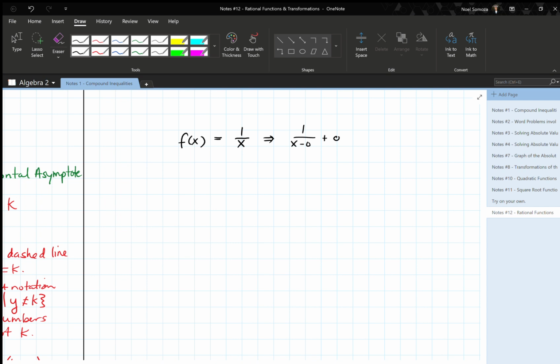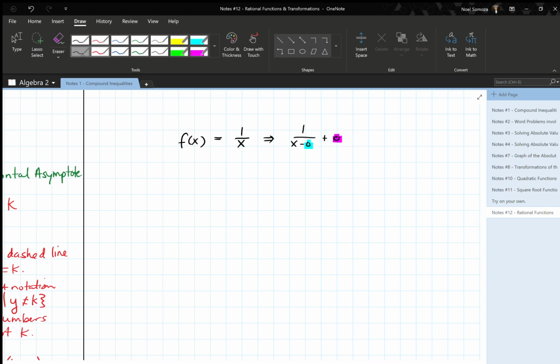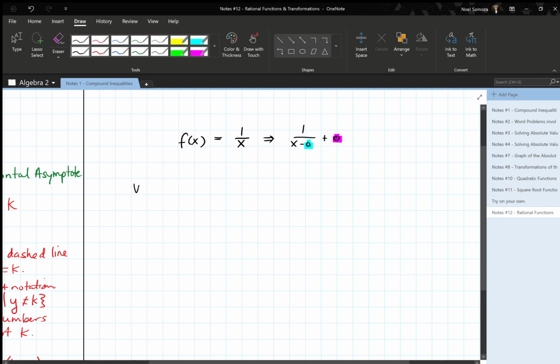But now I know what my h is, and I know what my k is. So now we can go ahead and start by identifying both the vertical asymptote and then our horizontal asymptote.